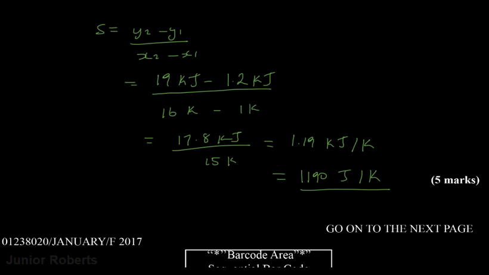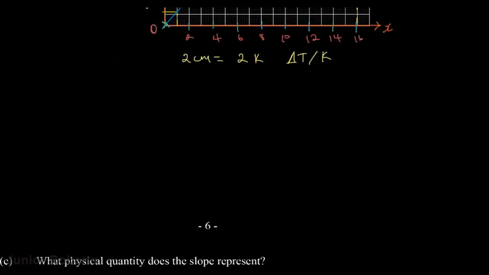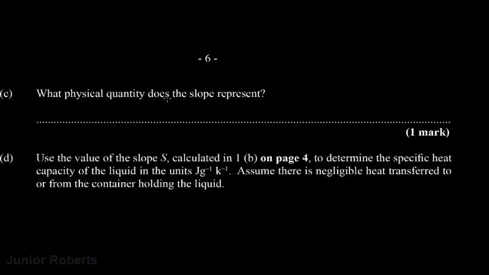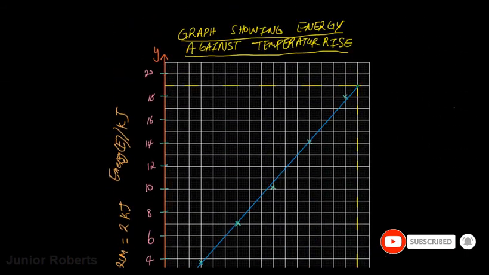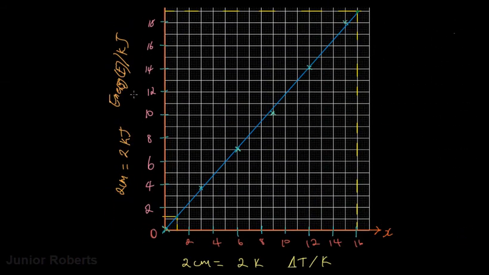Now if we continue the question, it says what physical quantity does the slope represent? Now there's 2 things we can use to find the answer for this. We can first of all look at what we plotted on our graph and also the answer we got for our gradient. So on our graph we plotted energy against temperature change.